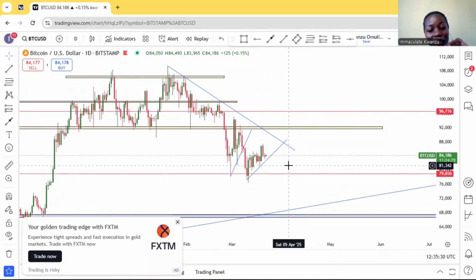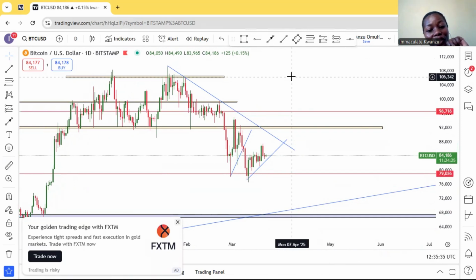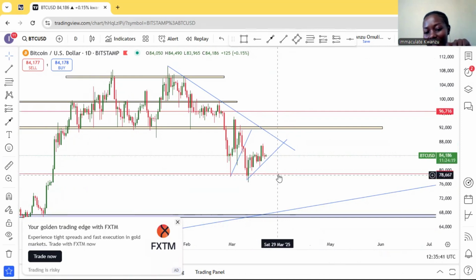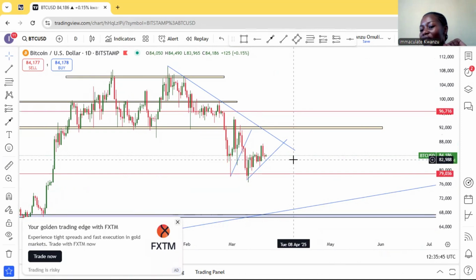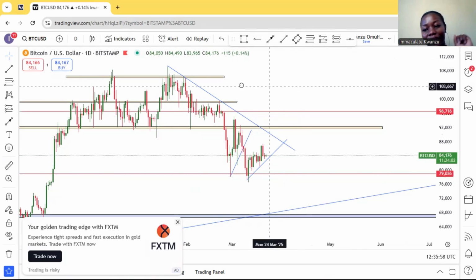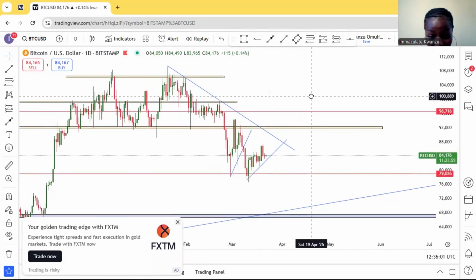What I'm watching out for is either we break this trend line upwards and go bullish, or we break this counter trend line and have more bears, at least to the 79,036 area. But the 60,000 area is still a viable option for Bitcoin. So we wait and see.